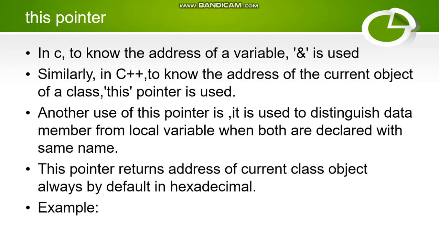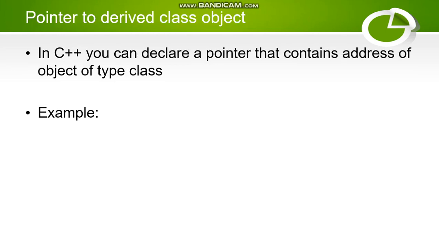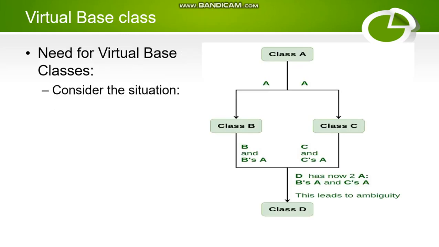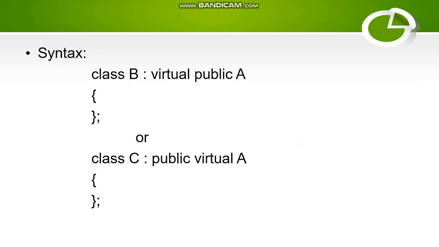So that is the use of the this pointer. After that we have seen pointer to derived class object. We have seen the examples also. Then we have seen the virtual base class concept, why to use virtual base classes, and those examples also we have seen. This is the syntax.